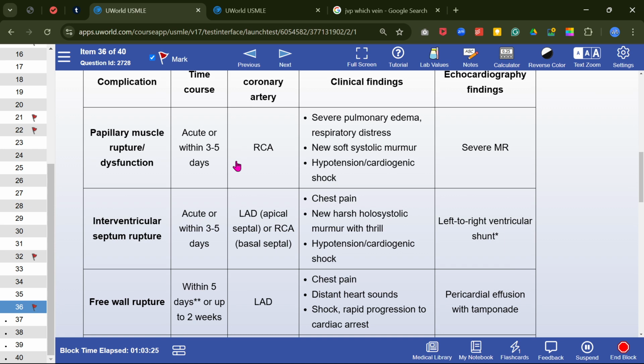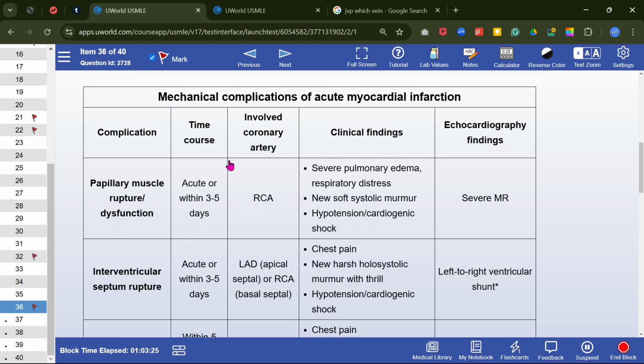Papillary muscle. First, acute, or 3 to 5 days. What complications can happen within 3 to 5 days after MI? Papillary muscle rupture or dysfunction and interventricular septal rupture. Papillary muscle rupture involves the coronary artery RCA.